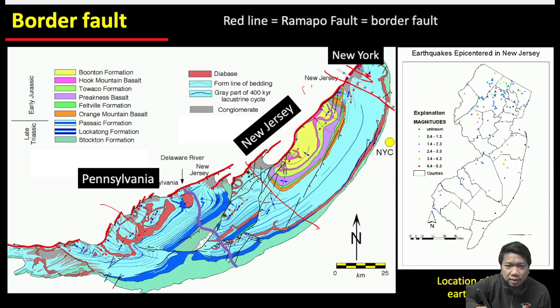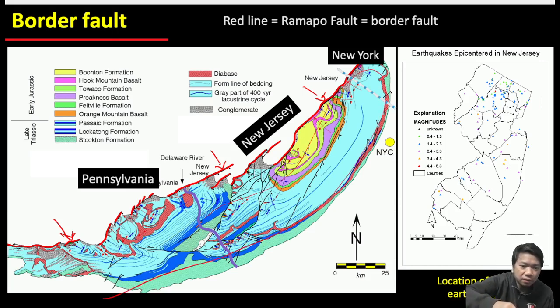And here notice that this red line on the northwestern part of the basin indicates what we call the border fault of the basin. Again, this is a normal fault, and the fault is dipping towards the southeast. So this region right here is all in the hanging wall side of the fault.